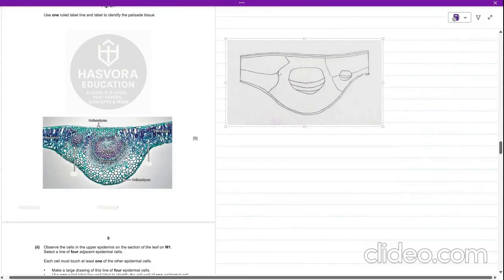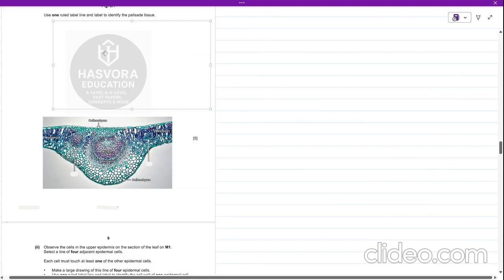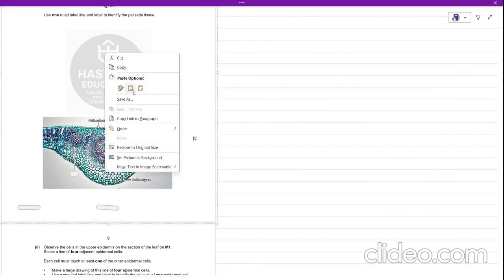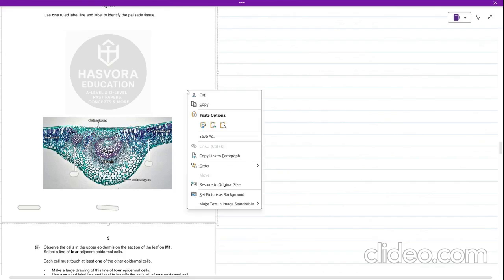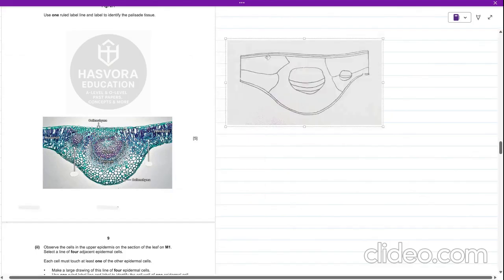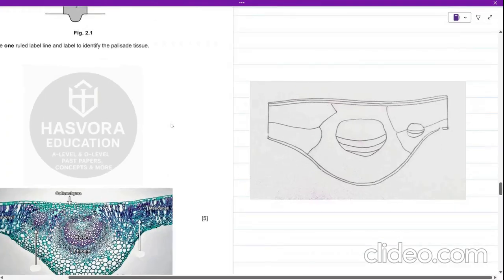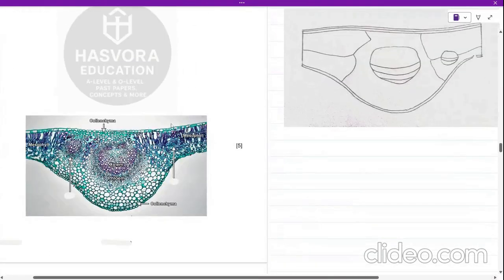So this is going to be the plan diagram. It is going behind the page, so let it just remain at the side of it.